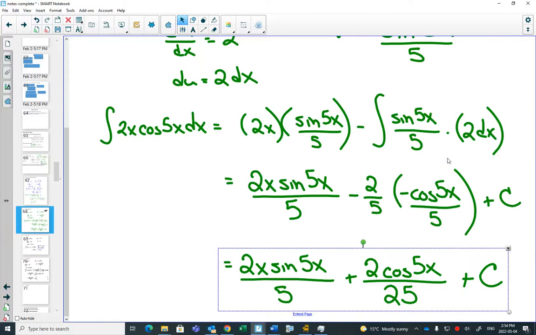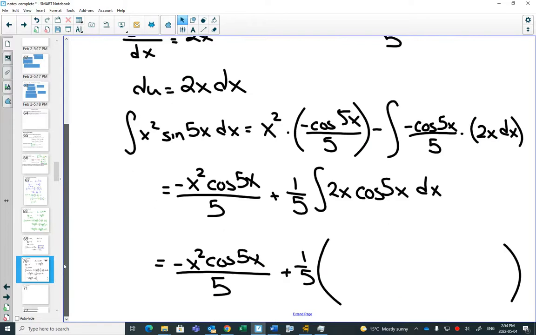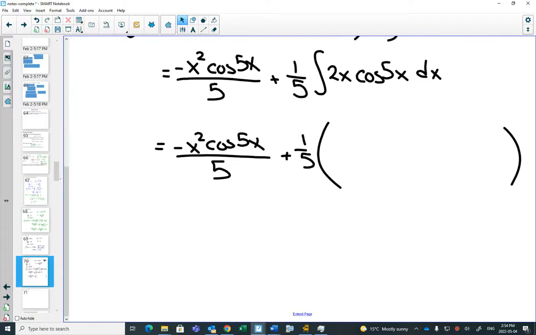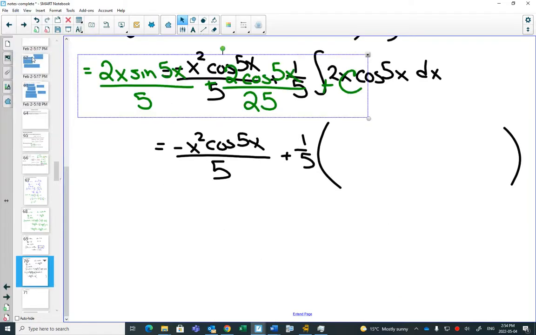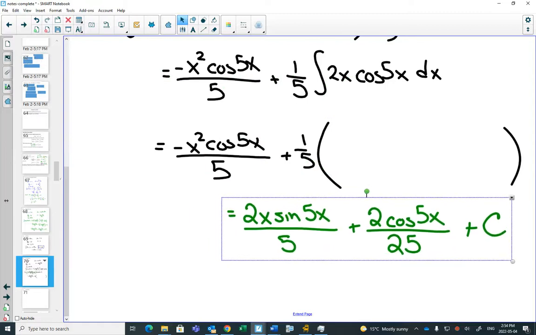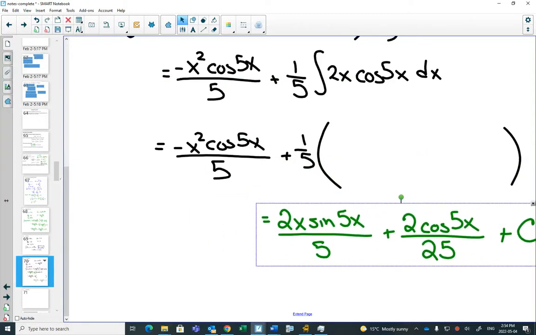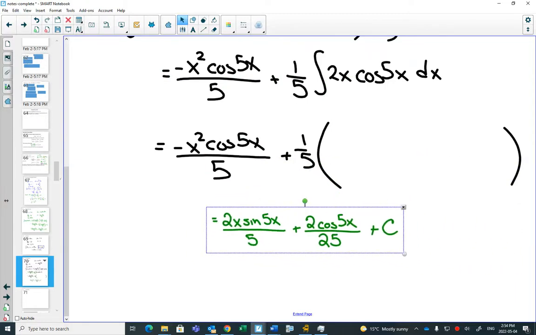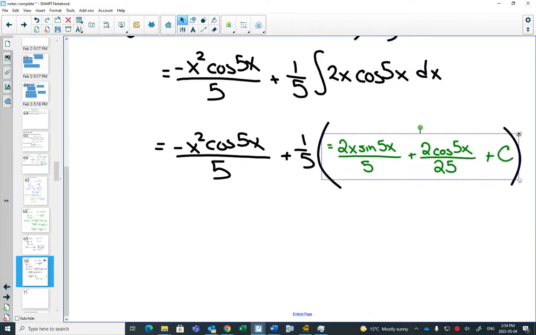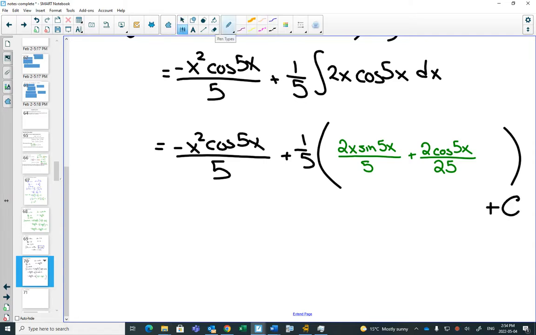You should be able to just click on the top corner of your notes. It should work. Paste. And then plus C.